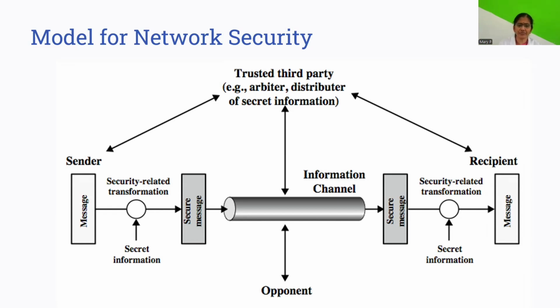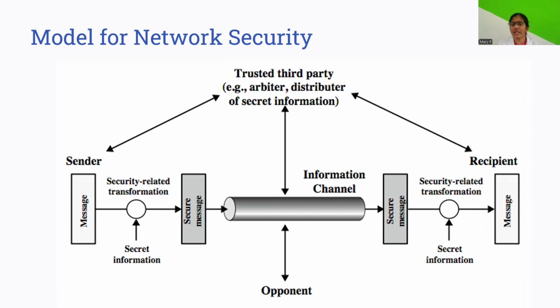The original message is converted into some other form using that algorithm as well as the secret information that is called a key. So now the original message is converted into ciphertext. That information is passed to the channel, and through the transmission medium we pass it to the receiver. At the receiver end, they receive the information, which is not in the original form but in the converted form.